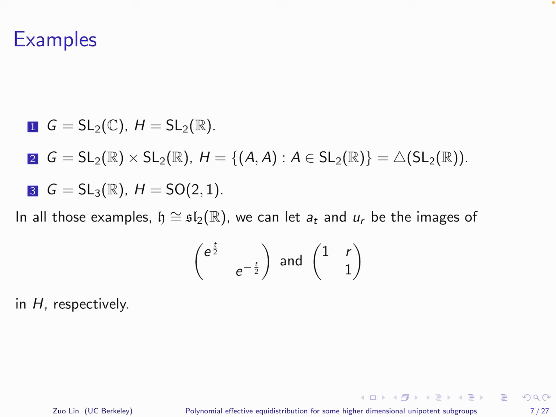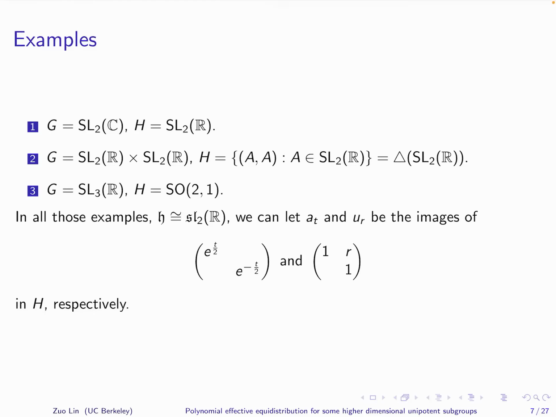Or I can take the example to be a split version of example 1: G is SL_2 times SL_2, and H is a diagonally embedded SL_2. Or I can take G to be SL_3(R), and H is the orthogonal subgroup preserving an indefinite quadratic form of signature (2,1).